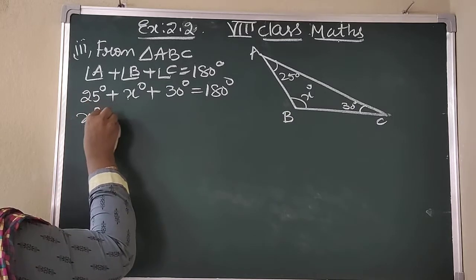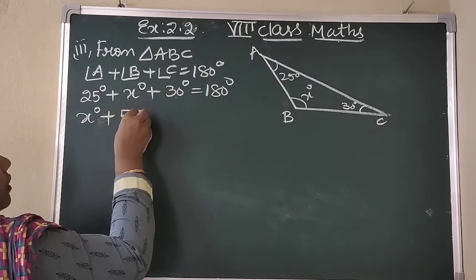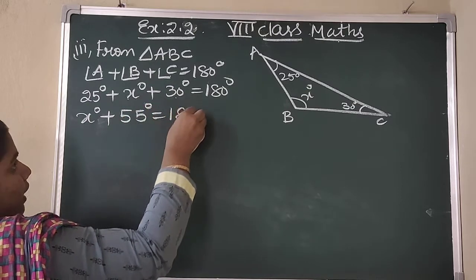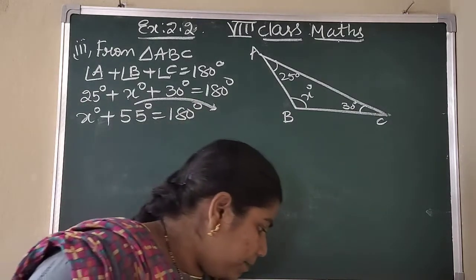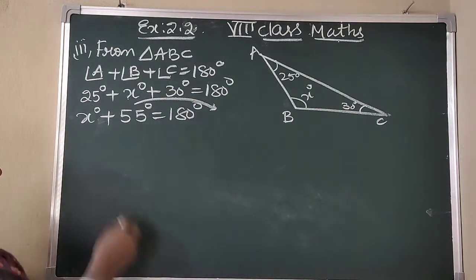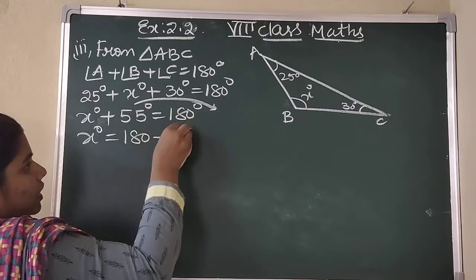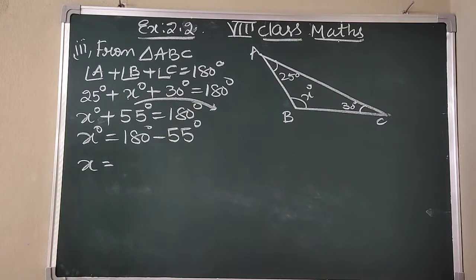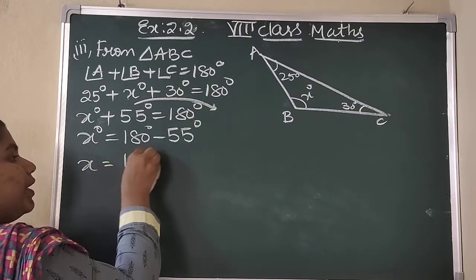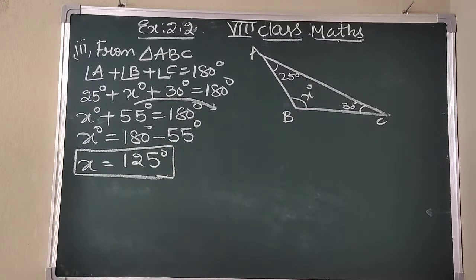So x plus 25 plus 30, which is 55 degrees, is equal to 180. If you transpose this 55 to the other side, that will become minus. So x degrees is equal to 180 minus 55 degrees, which is 125 degrees. So this is our x value and this is the third one.